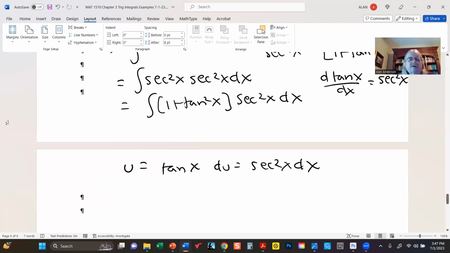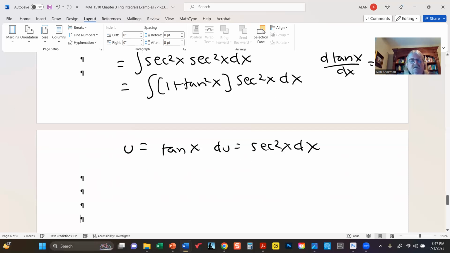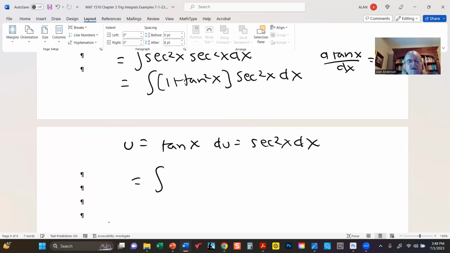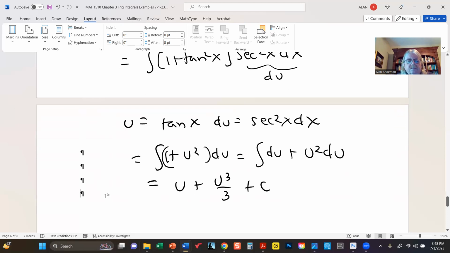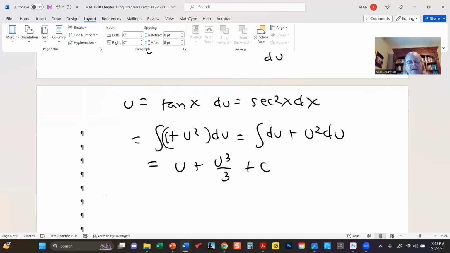If that's the case, then what we are left with is 1 plus u squared du. And then we'll just have u plus u cubed over 3 plus c. And then we'll have tangent x plus tangent cubed of x over 3 plus c.